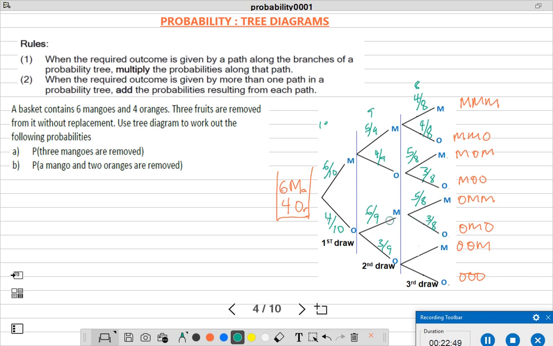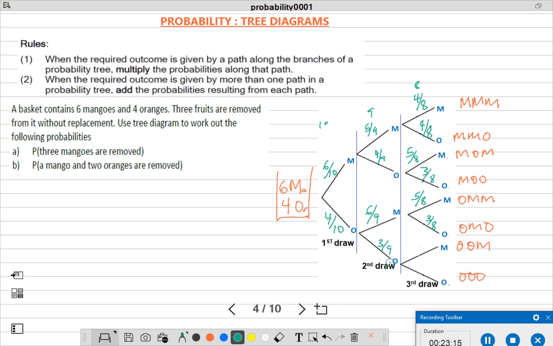Or again, you can get it from first principle, that if I remove the first one orange, the second one mango, the third one orange. So you removed 1 orange already, you are left with 3. So that will be 3 oranges out of 8, because 2 fruits are removed already. Down here, you remove orange and orange.